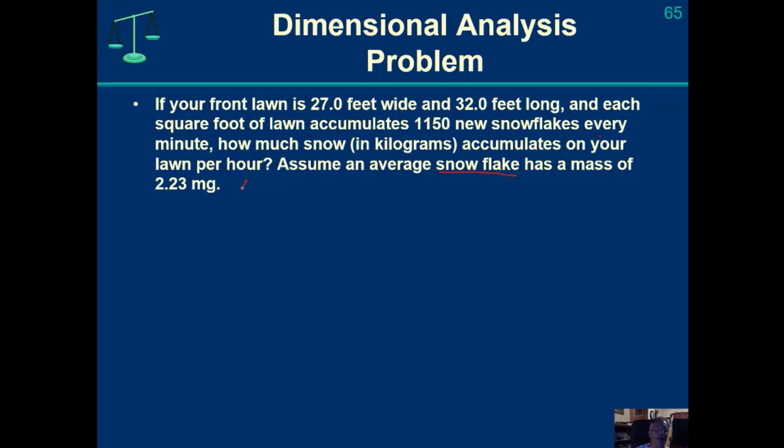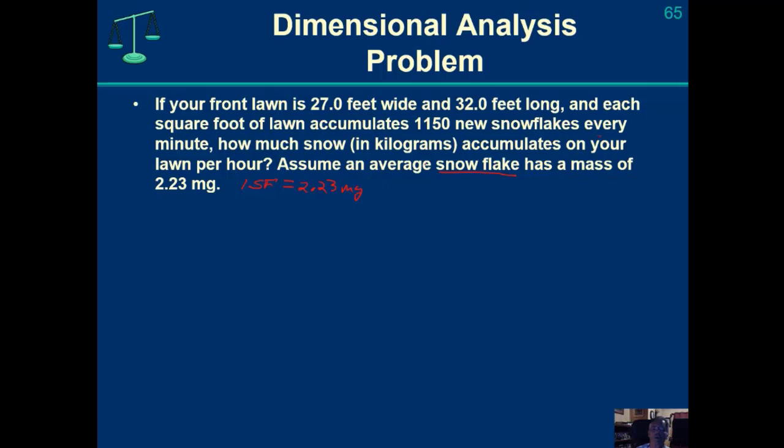So we can go ahead and just accumulate some knowledge. So one snowflake, in this case, this stands for snowflakes, not significant figures, is equal to 2.23 milligrams. Now keep in mind, we're going to kilograms. You need to know your metric prefixes to do this work.